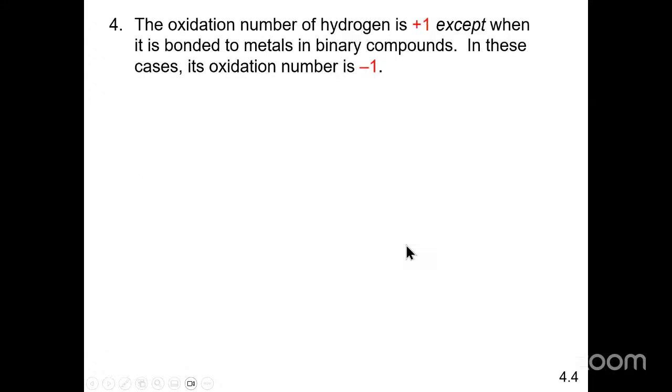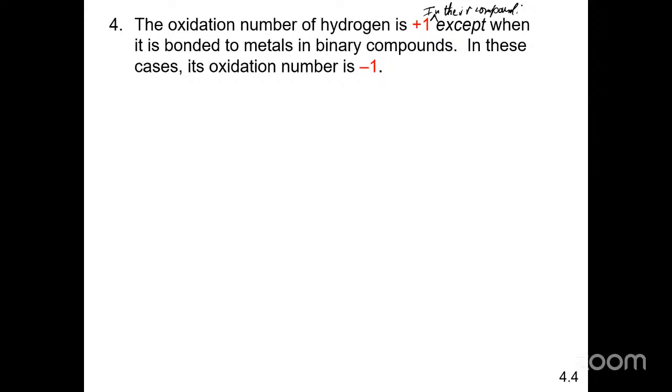Rule number 4 has to do specifically with hydrogen. According to this rule, the oxidation number of hydrogen when combined with other elements in their compounds is usually +1. But again, there's an exception.